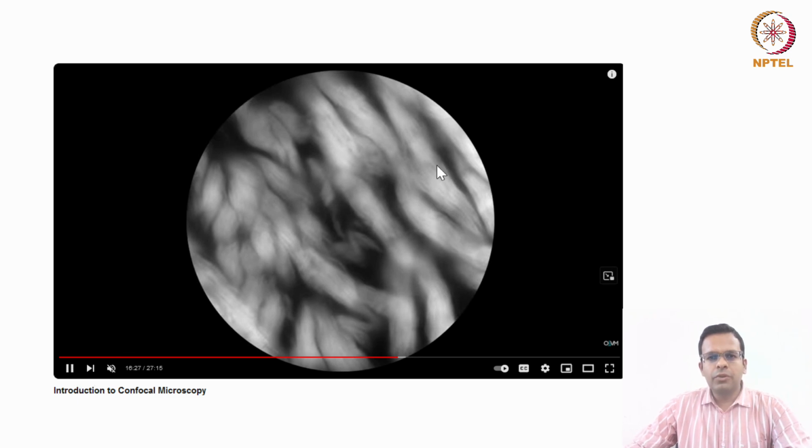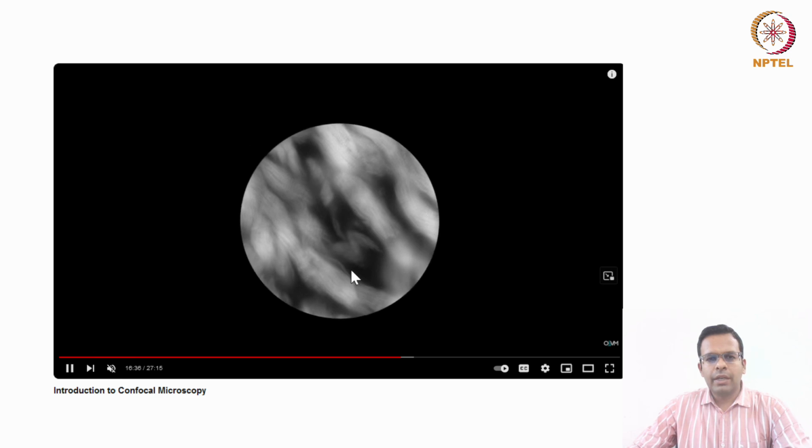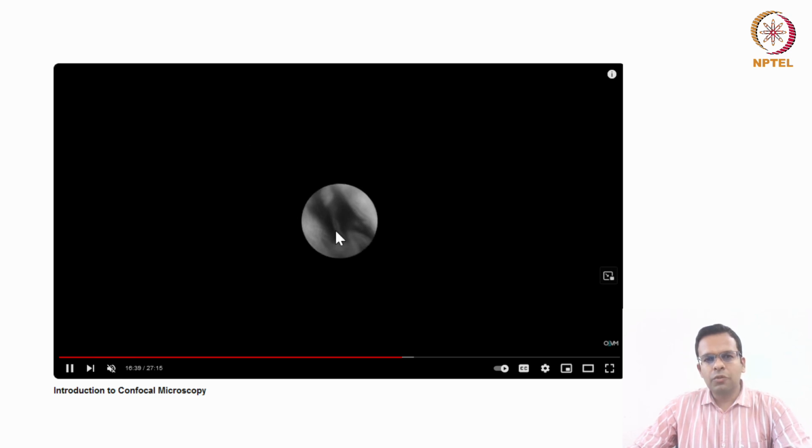So this is the field of view of a wide field microscope. And now you will see the field of view of the confocal microscope. It's a point kind of source.